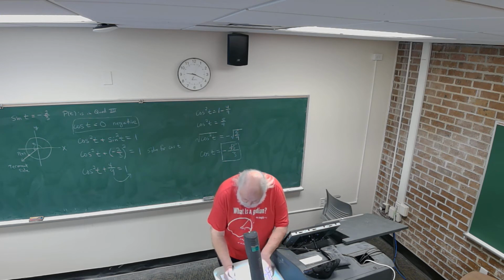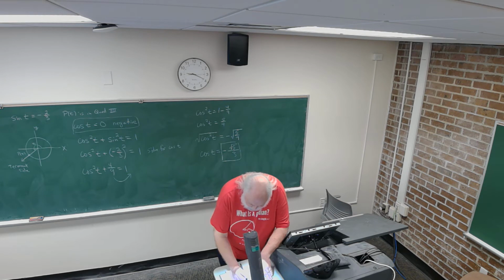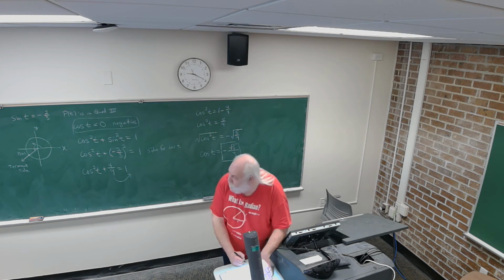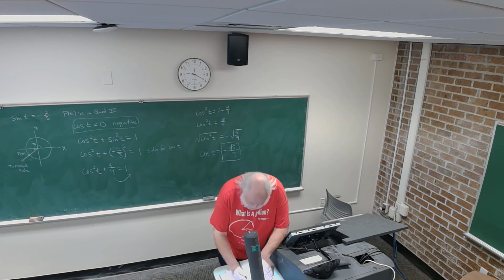So for both those angles, 0 radians and 2 pi radians, the terminal side goes through the point (1, 0). And so for the angle 0, cosine is equal to the x coordinate, which is 1. Sine is equal to the y coordinate, which is 0. Now for 2 pi radians, cosine of 2 pi is equal to 1, and sine of 2 pi is equal to 0.